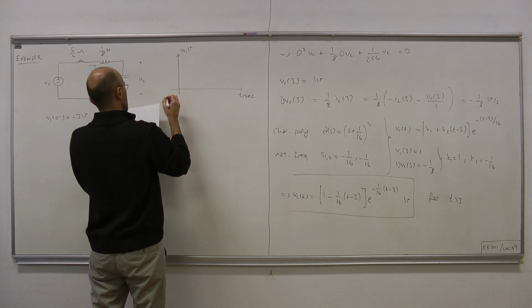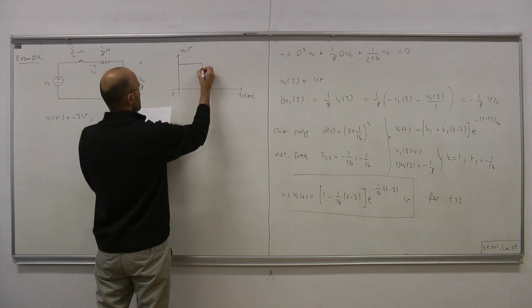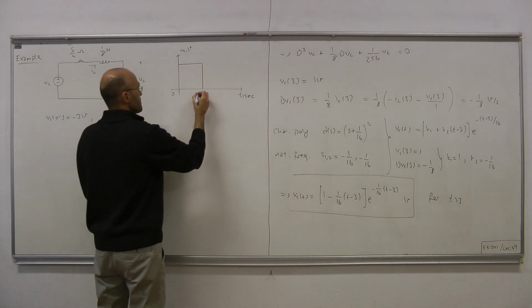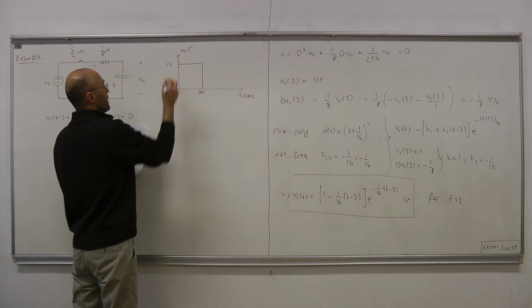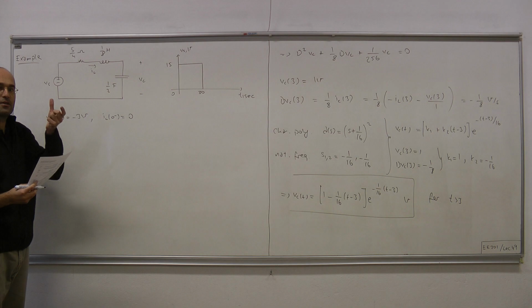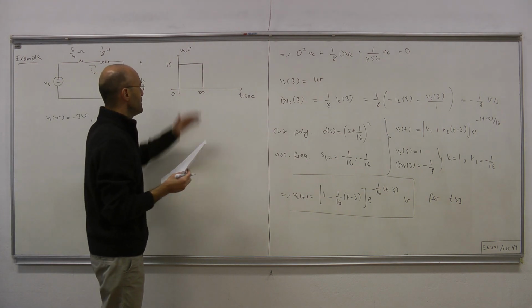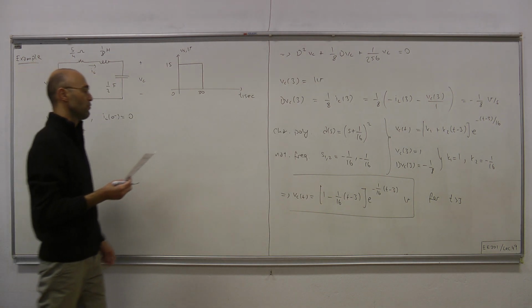It's constant for 30 seconds at magnitude 15. So for the initial 30 seconds, this source is providing 15 volts fixed. And then it drops to 0. Therefore, the circuit now becomes homogeneous for a while.